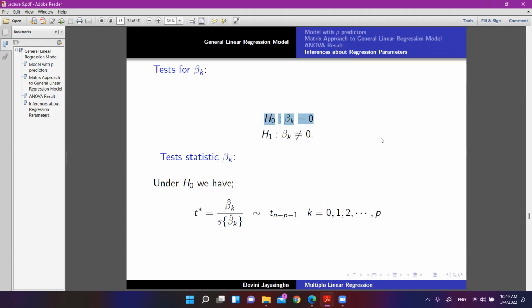In case we reject H naught, we should be able to find which betas are significant, which predictors are significant. For that, we have to individually perform tests for each and every beta, drop whatever is insignificant, and include only the significant parts in the model. This will help you to simplify the model.